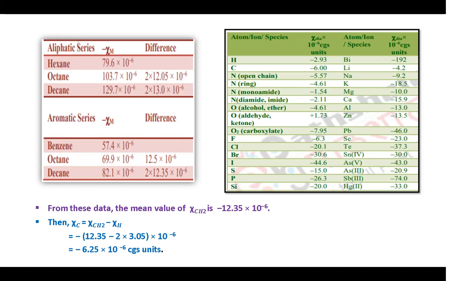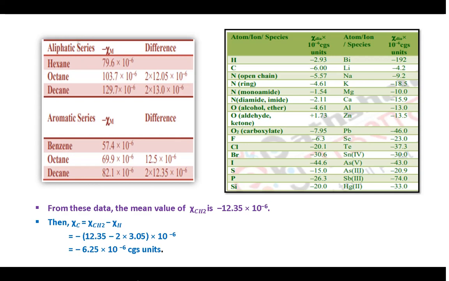The value of chi_hydrogen was obtained independently from measurements on hydrogen. Pascal's constants for some atoms, ions, and species are given in the second table. For hydrogen, chi_dia is equal to minus 2.93.